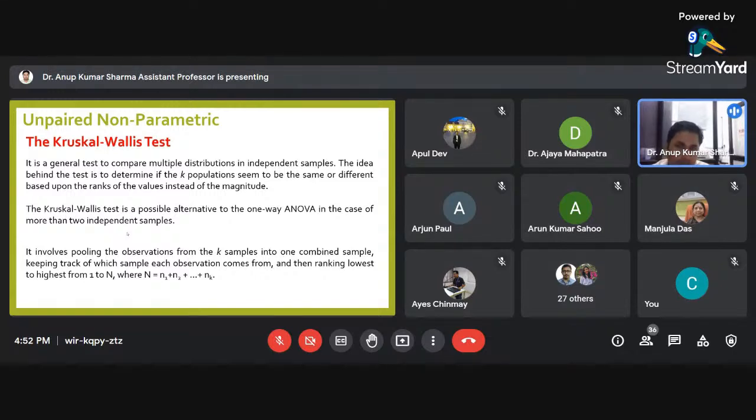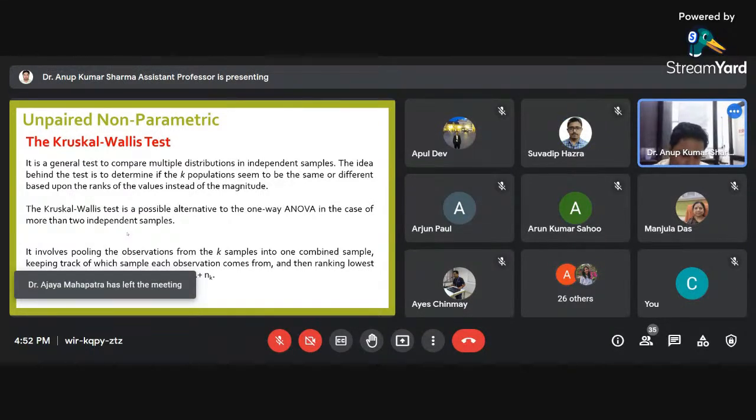Within K populations we have drawn K samples, and their sizes are N1, N2, up to NK. The total N is N1 plus N2 and so on, and this is the key concept or properties of that test.